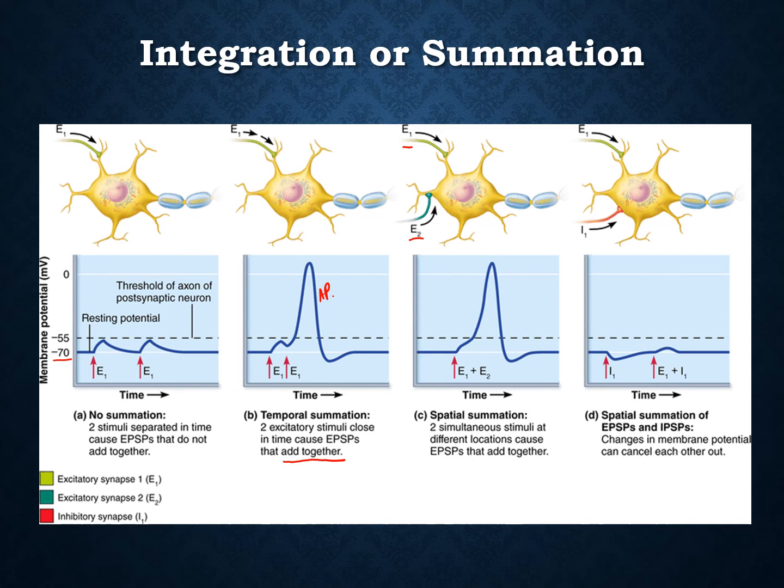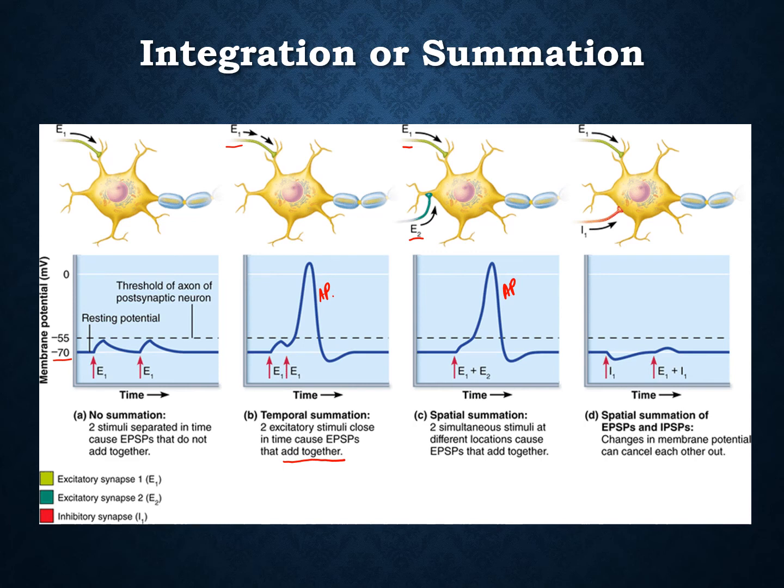Two excitatory signals are coming from two different parts, and they add up together. The added voltage crosses minus 55 millivolt and the action potential generates. Comparing diagram B with diagram C, in diagram B one solitary presynaptic neuron is there, and from that direction only two stimulations come up.